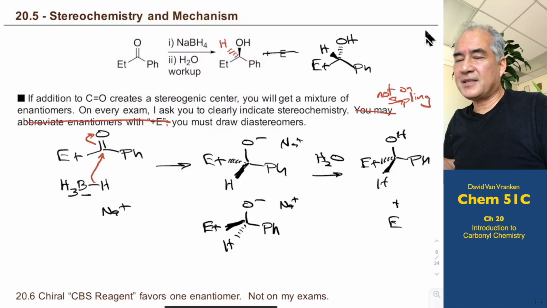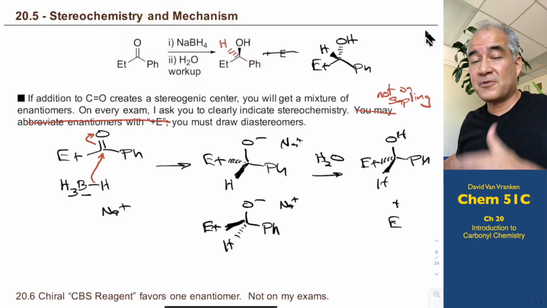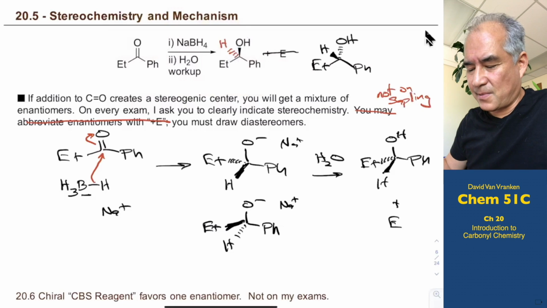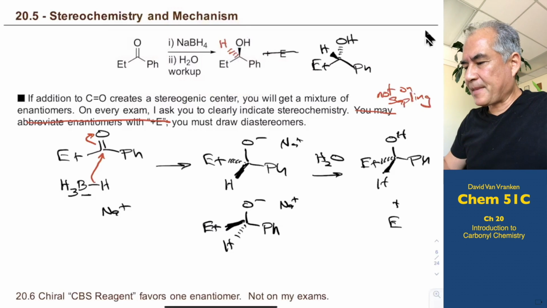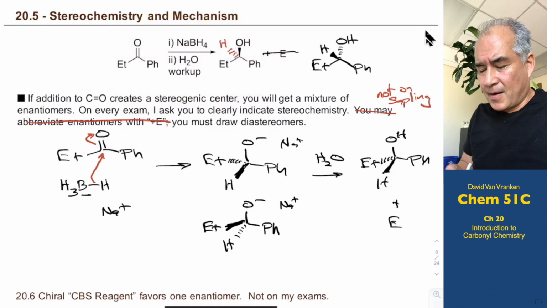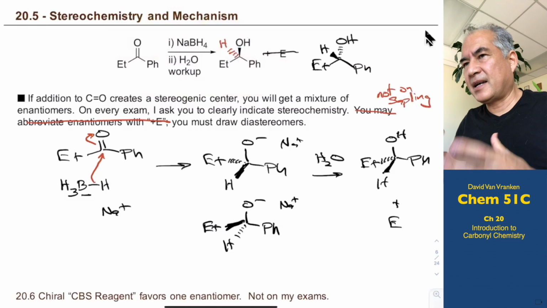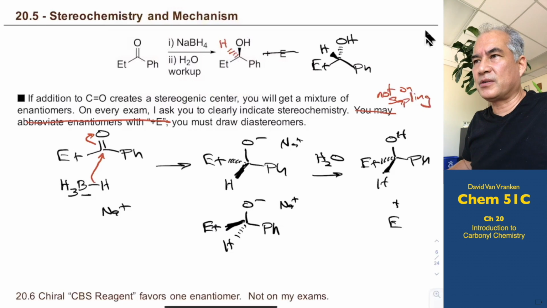So on the Sapling system, if you want to indicate that there's an enantiomer, then you have to literally draw the mirror image or any other stereoisomer in order for the system to recognize that. So you can't say plus E. Which means I have to be careful about how I ask those questions because I know it's time consuming to draw a second enantiomer, a mirror image of a molecule.